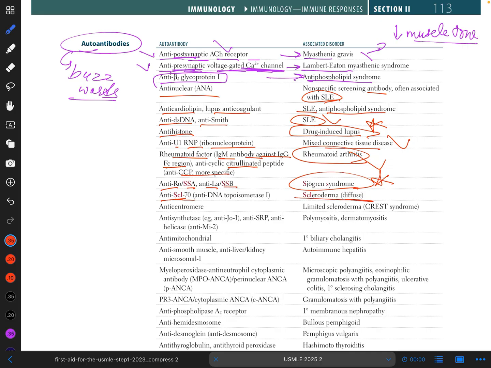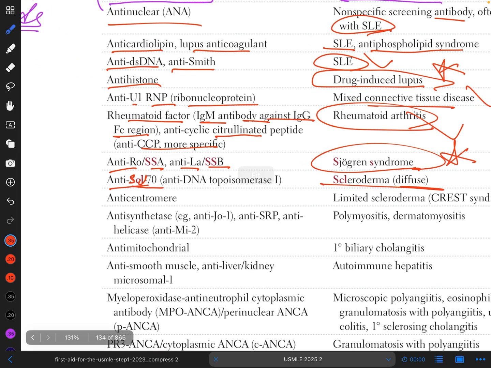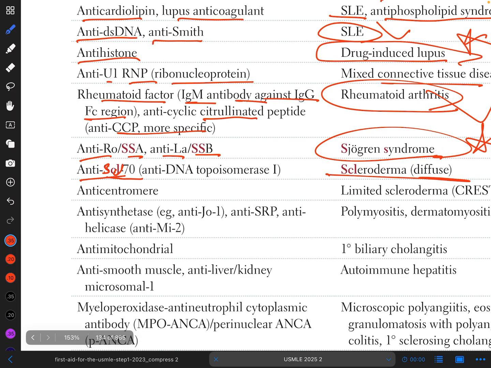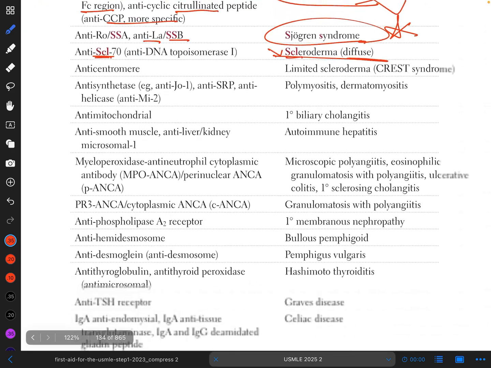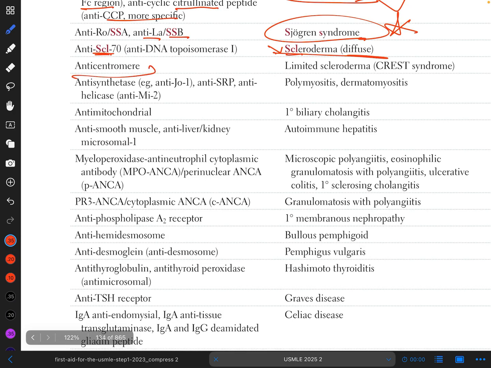Anti-Scl-70 is going to scleroderma, already mentioned in the antibody as the starting point of scleroderma. Anti-centromere is associated with limited scleroderma or CREST syndrome.